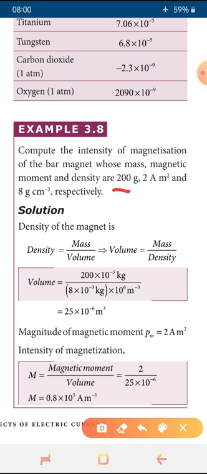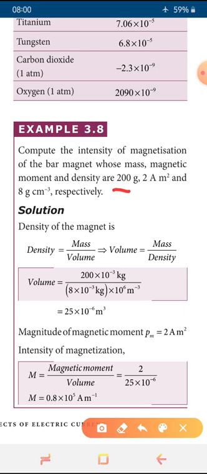So here we are converting this 200 gram into SI unit. 200 gram can be written in kg as 200 into 10 power minus 3 kg. Understood? This gram is converted into kg here, but the value is not changed. Both have the same magnitude, but we are converting into kg.